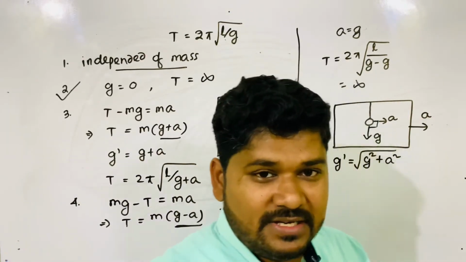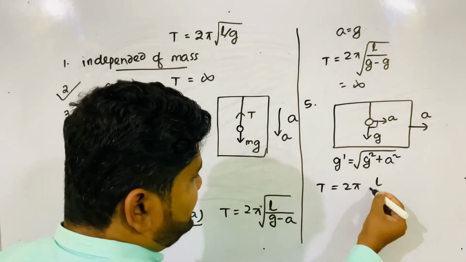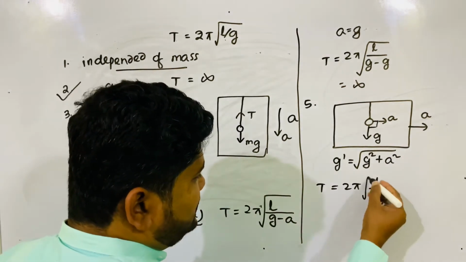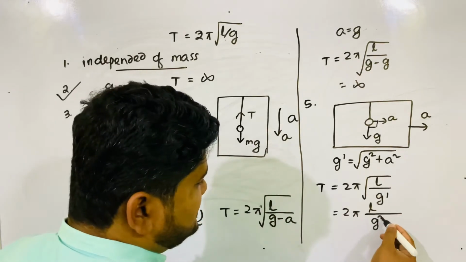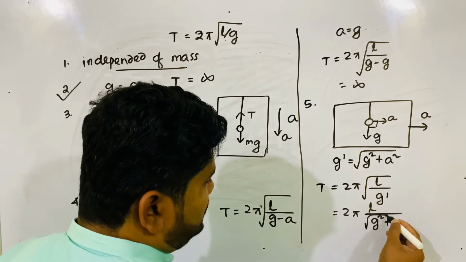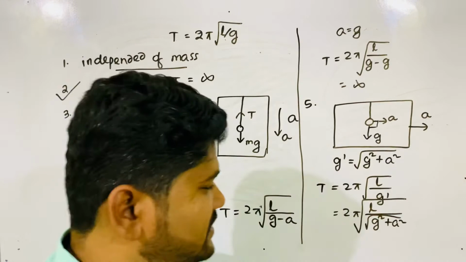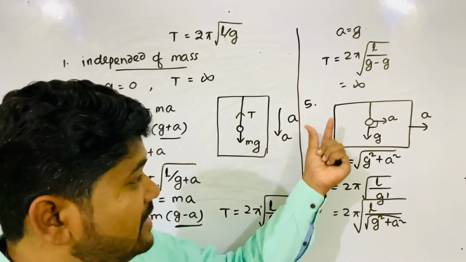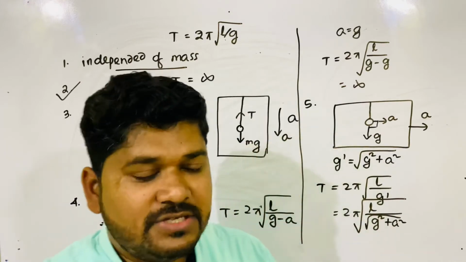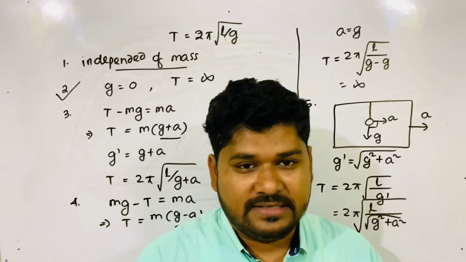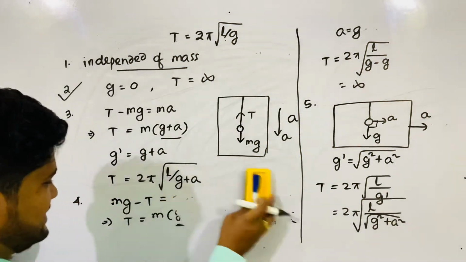Then the time period T is equal to 2 pi root over L by g dash, meaning 2 pi root over L by the root over (g square plus a square). This is the time period where the pendulum is fitted in a bus and the bus is moving horizontally with acceleration a.